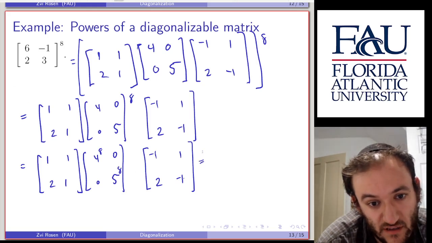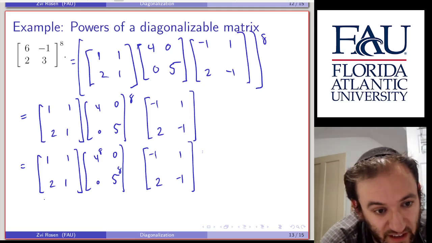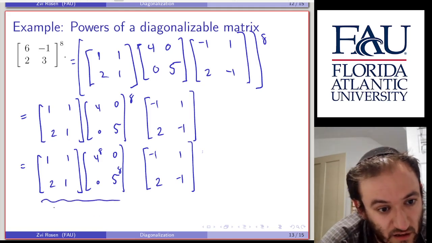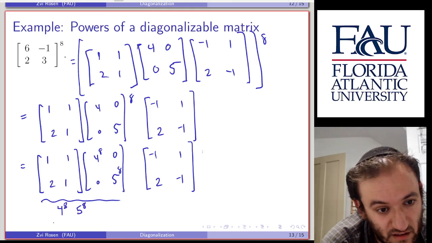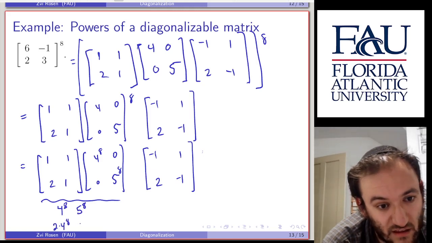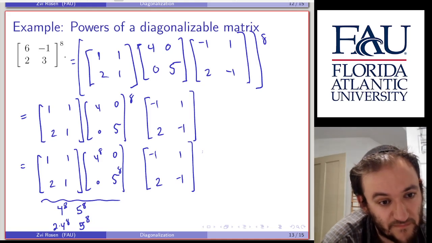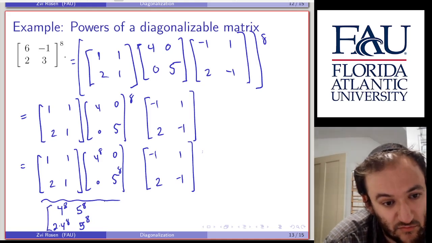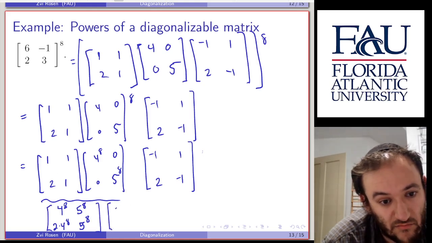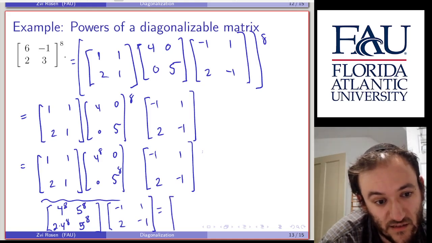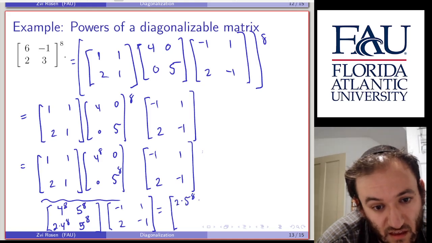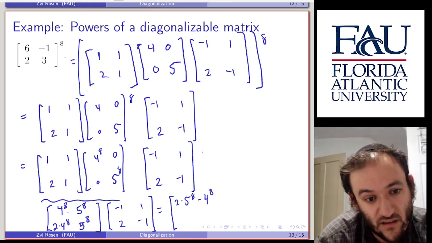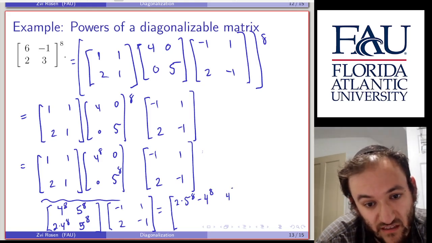Let's simplify it first using this one. So we get the matrix 4 to the 8th, 5 to the 8th, 2 times 4 to the 8th, 5 to the 8th. Okay, and then multiplying that by minus 1, 1, 2, minus 1, we get 2 times 5 to the 8th minus 4 to the 8th, and 4 to the 8th minus 5 to the 8th.